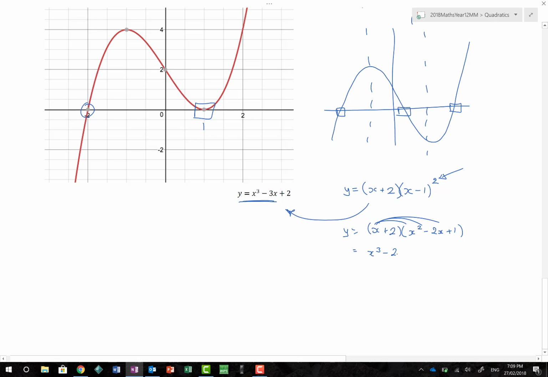We get x cubed minus 2x squared plus x, and then the second term becomes plus 2x squared minus 4x plus 2. Let's collect like terms. X cubed, minus 2x squared plus 2x squared disappears, plus x minus 4x is minus 3x, and then we get our plus 2, and lo and behold, these are in fact the same.